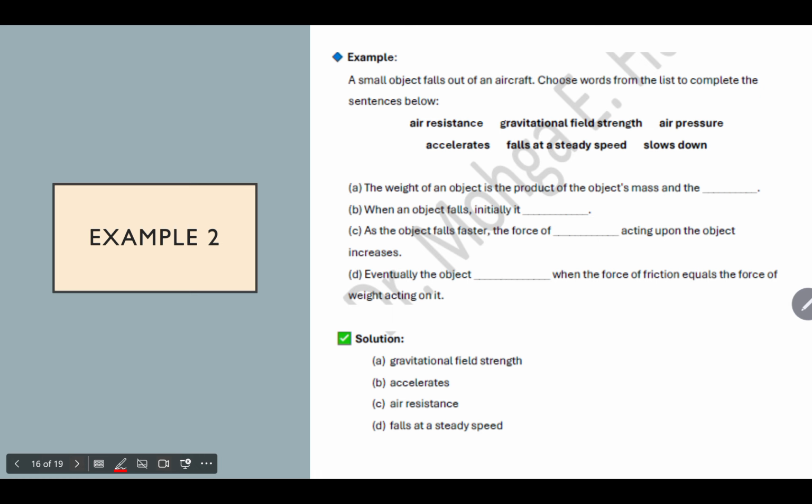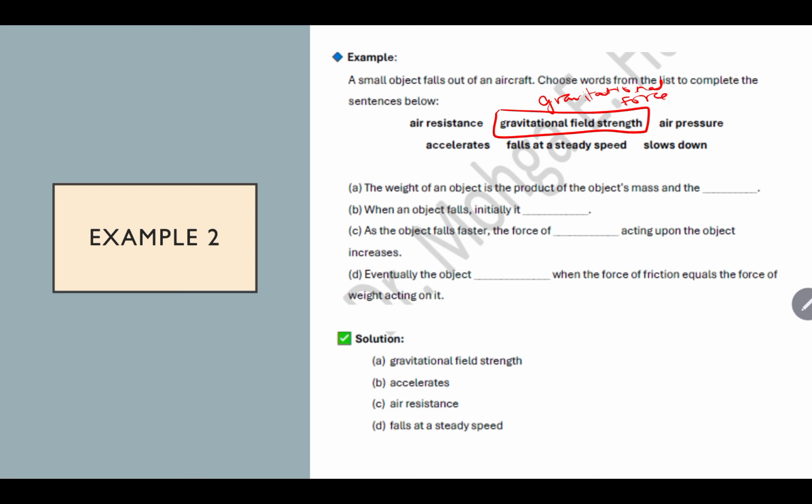If I may, I just want to highlight something. Some people confuse gravitational field strength with gravitational force. They are not the same. Weight is a force.